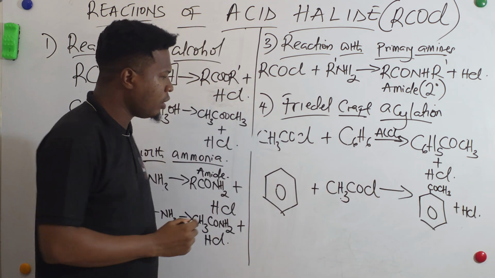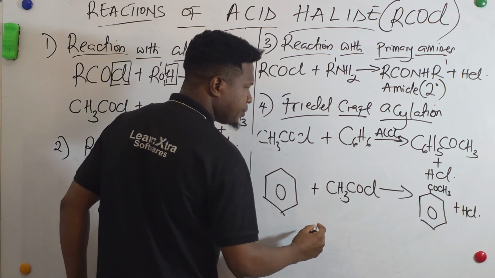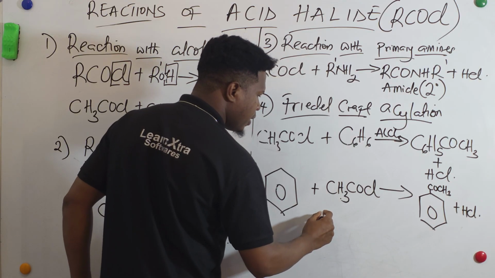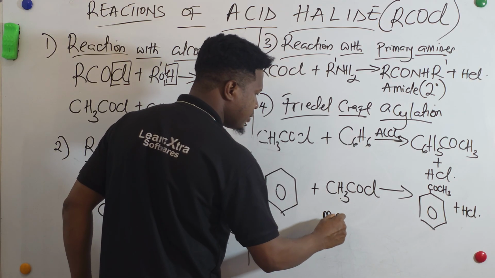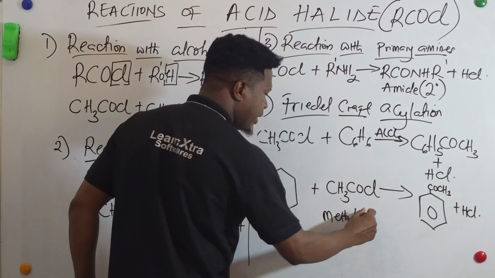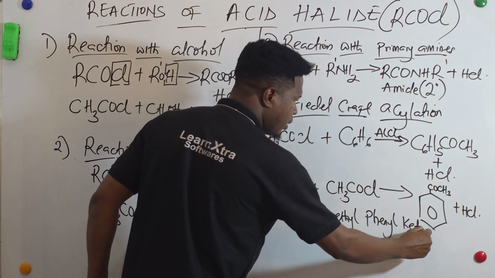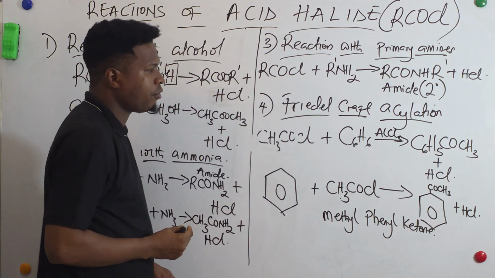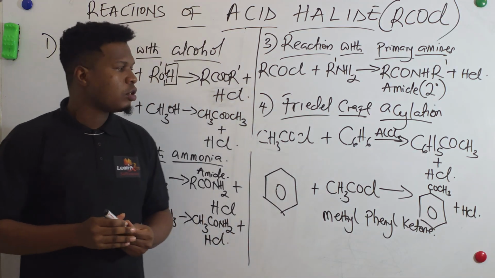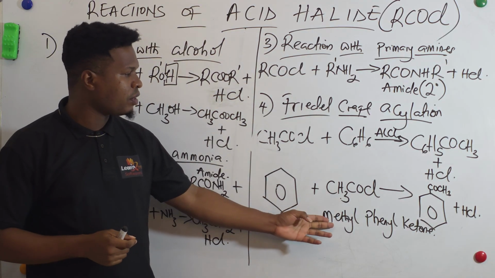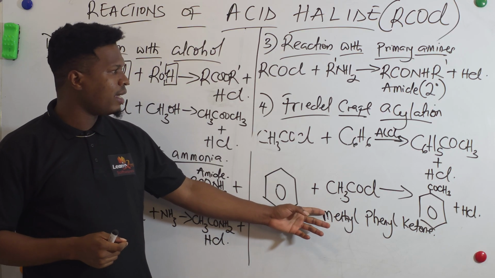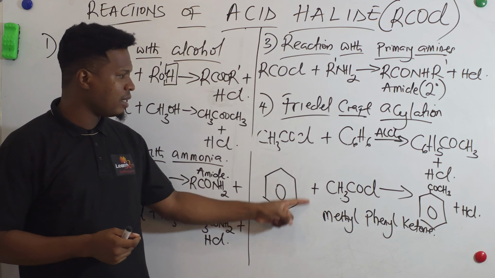The name of the compound can be called methyl phenyl ketone. This is the product of this reaction. What is taking place here is a substitution reaction on the benzene ring.